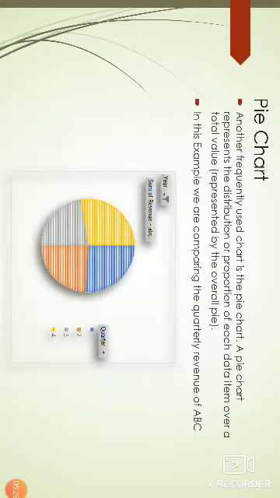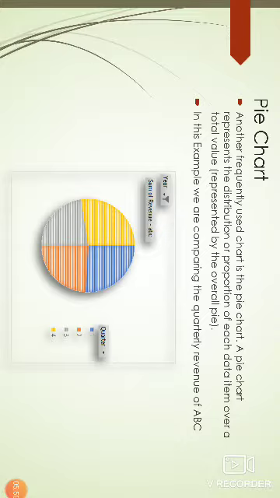Okay, the next one is pie chart. Another frequently used chart is the pie chart. A pie chart represents the distribution or proportion of each data item over a total value represented by the overall pie.